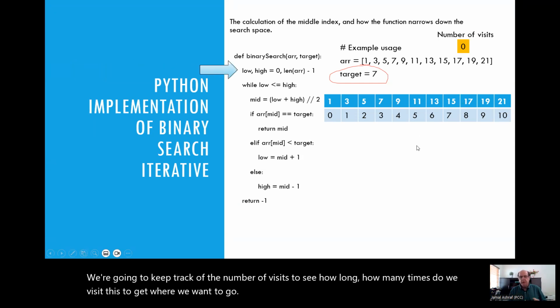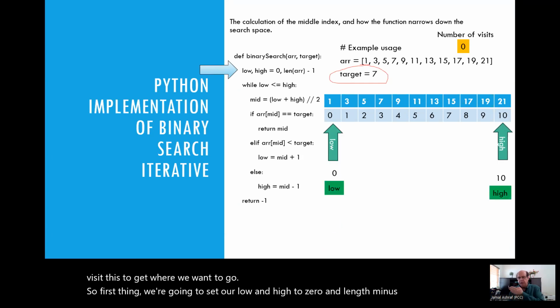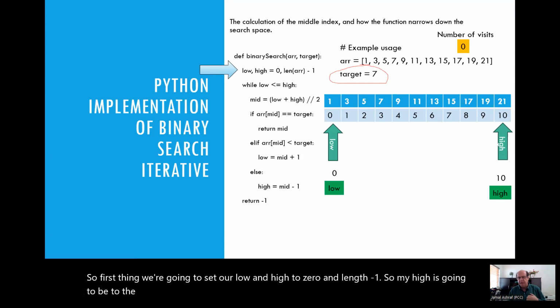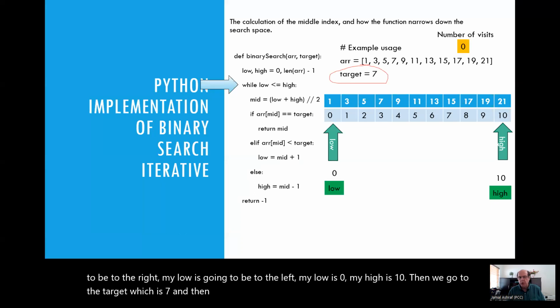So first thing, we're going to set our low and high to 0 and length minus 1. So my high is going to be to the right, my low is going to be to the left. My low is 0, my high is 10. Then we go to the target, which is 7. And then we're going to check to see if low is less than or equal to high, which is the case.